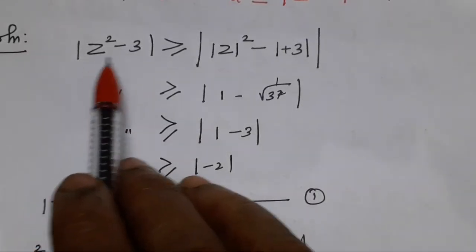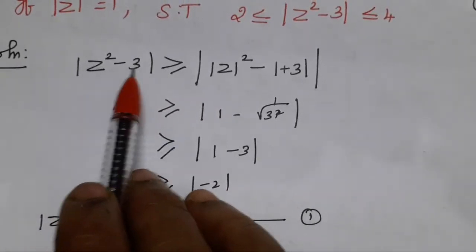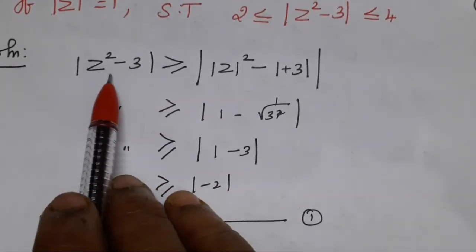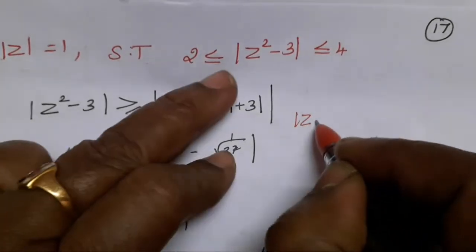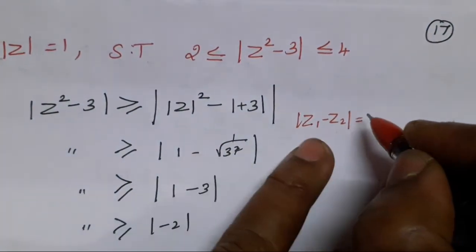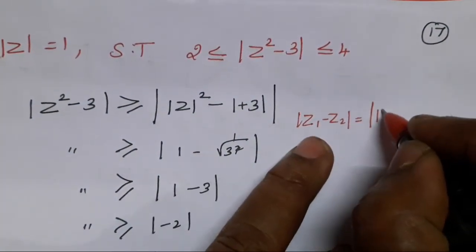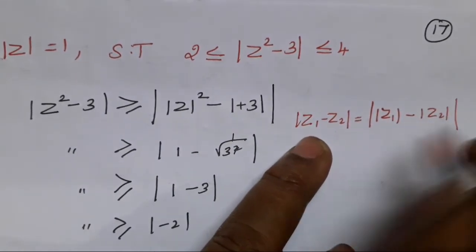Modulus of z square minus 3 is greater than or equal to, because if it is minus, what? Double modulus of, that is modulus of z1 minus z2 equal to the whole double modulus of z1 minus modulus of z2 the whole modulus.